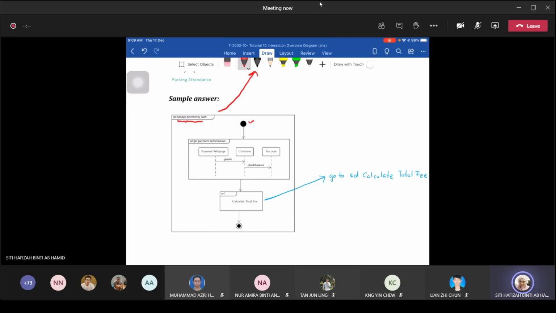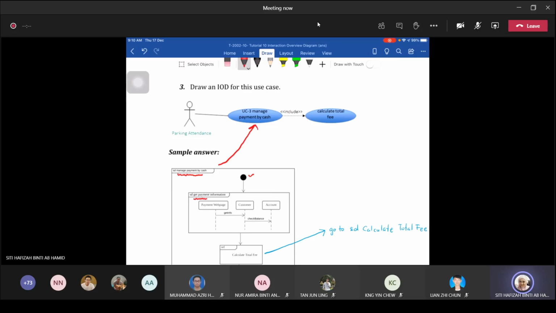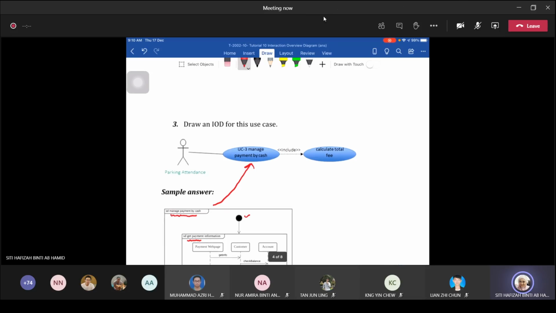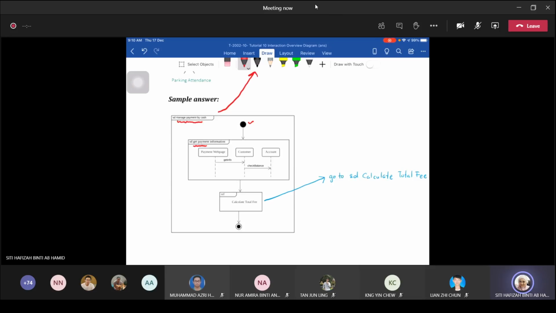But the point here is I create another sequence diagram named get payment information, which must be part of the workflow or main flows from UC3, manage payment by cash. If you can see from here, I just assume, but it's more or less like that.